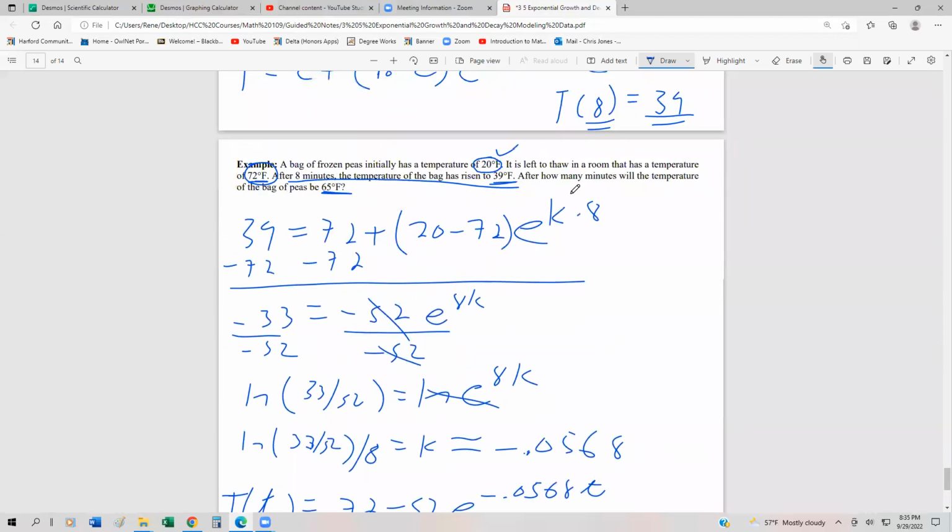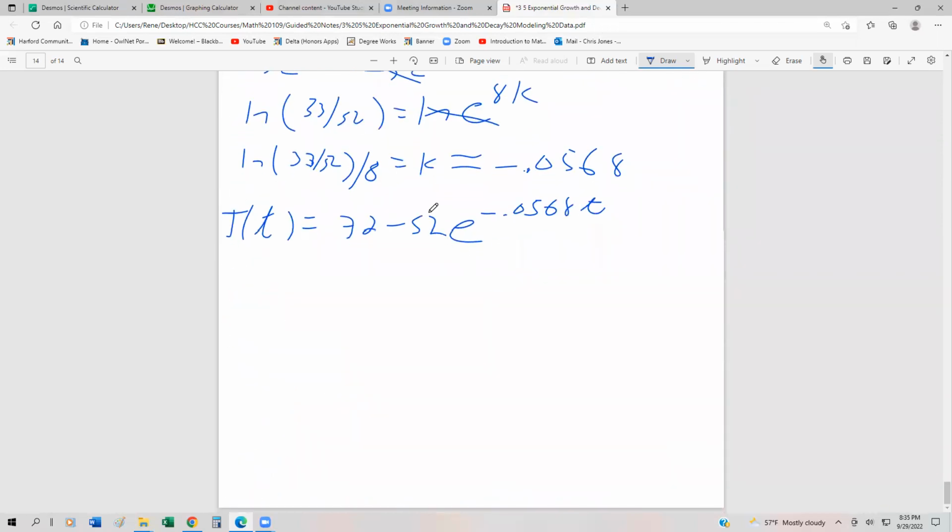And the question asks us, after how many minutes will the temperature be 65 degrees? So all we're going to do is just plug in 65 and solve for t. And this should be pretty easy by this point. We've done this lots of times. We're going to subtract 72. We're going to divide by 52.